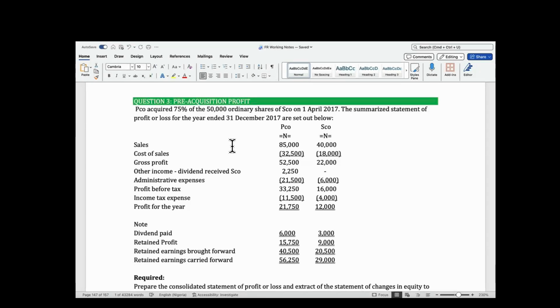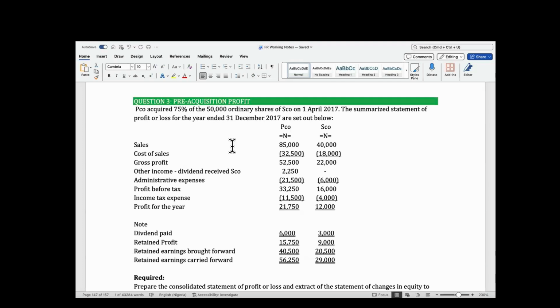another one, it says Pico acquired 75% of the 50,000 ordinary shares of ESCO on 1st April 2017. The summarized statements of profit or loss for the year ended 31st December 2017 are set out below.